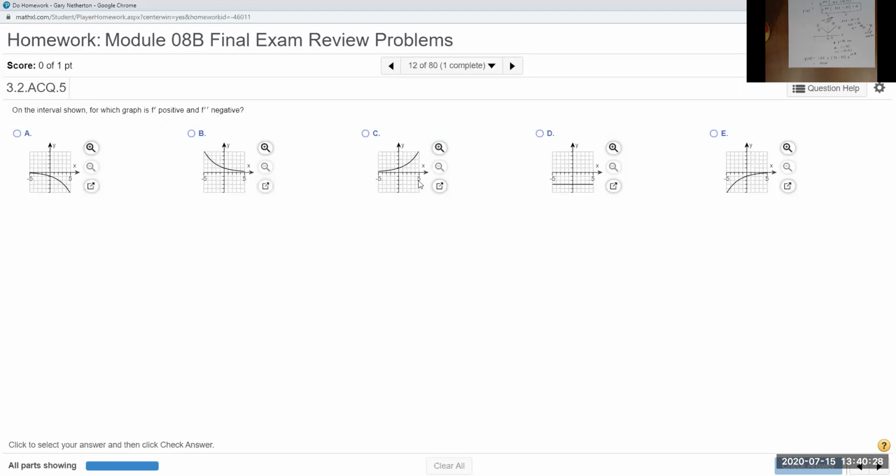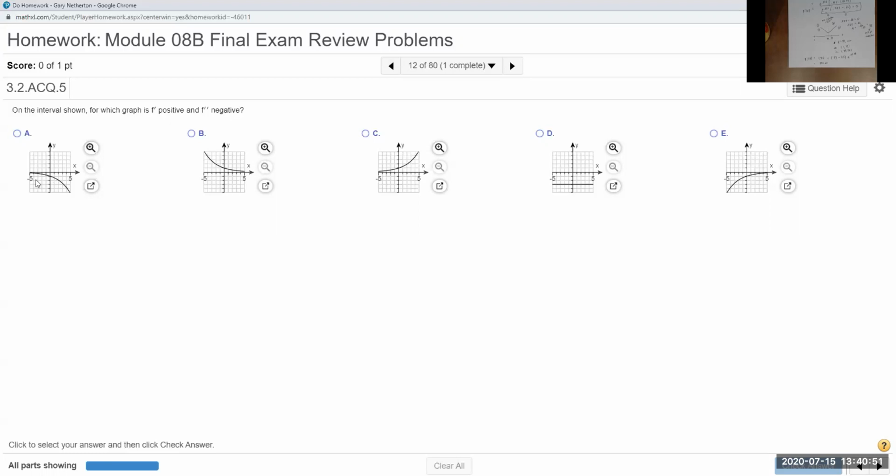So these are the graphs of the functions. What does a positive first derivative mean? Remember, a positive first derivative means the function is always increasing. As you go from left to right, the function is always going up. So before we even look at the second derivative, let's just look and see which one of these qualify.